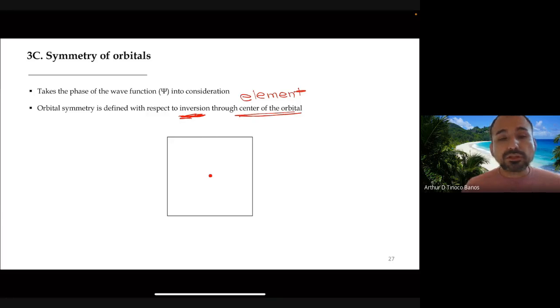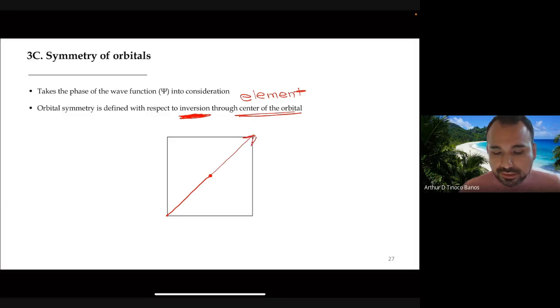The center is the center of this particular square. And what I want to focus on is defining what an inversion means. Well, an inversion means that you start off at some point from that center, and you go through that center at an equal but opposite distance. So for instance, you go through the center, and then you go an equal distance but opposite from where you started.